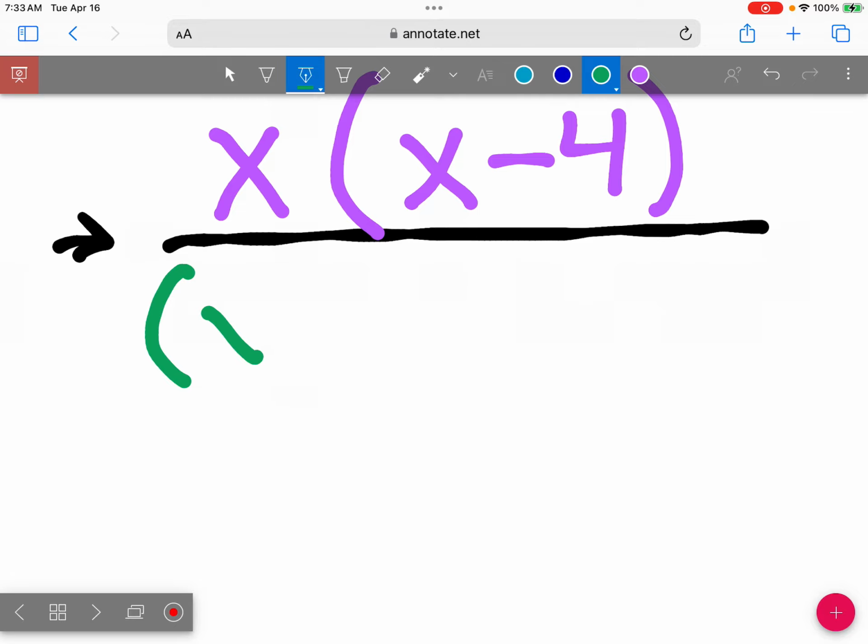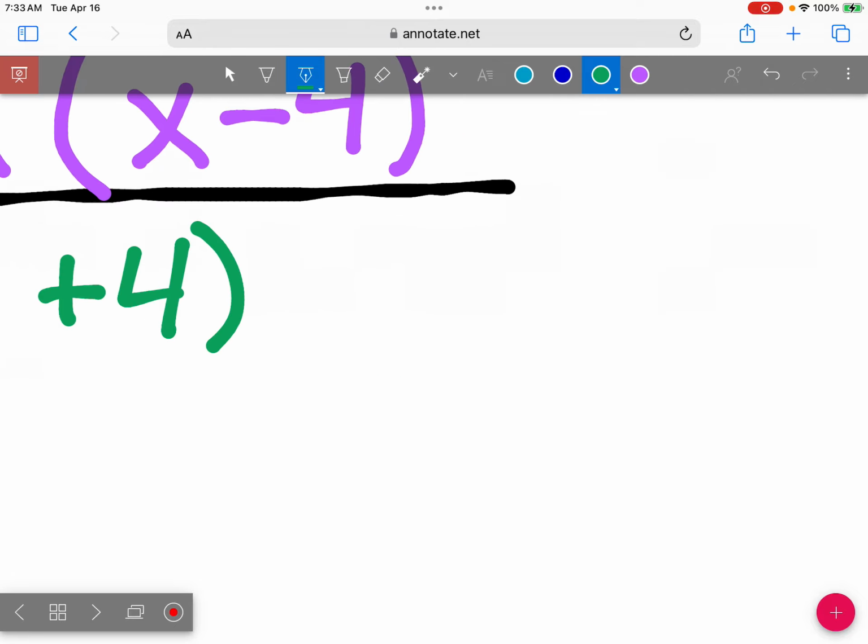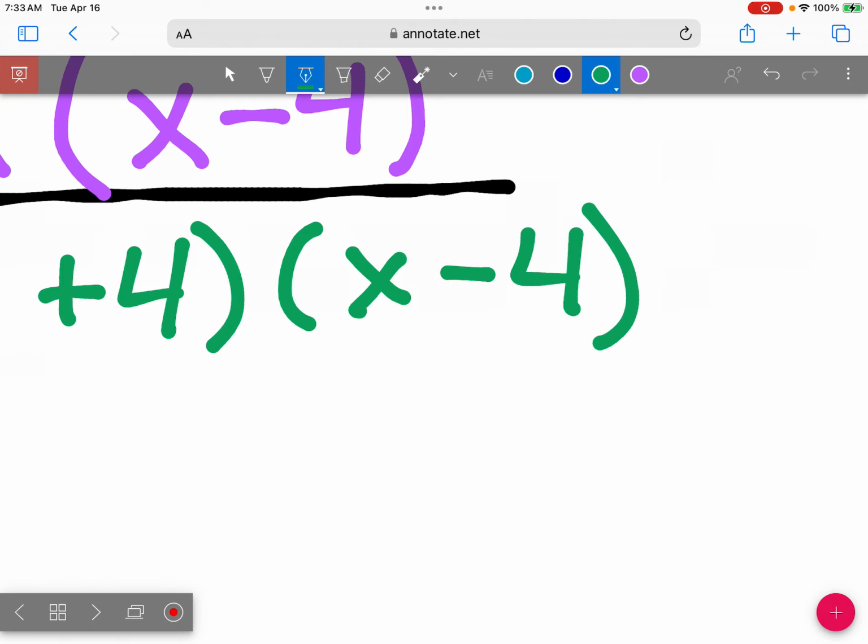So this we write as (x minus 4)(x plus 4). Doesn't matter which order it is, but yes. One gets a minus, one gets a plus. You can still do that with the x. Multiplies to be negative 16, adds to be 0. That'll be 4 and negative 4. Exactly what we have here.